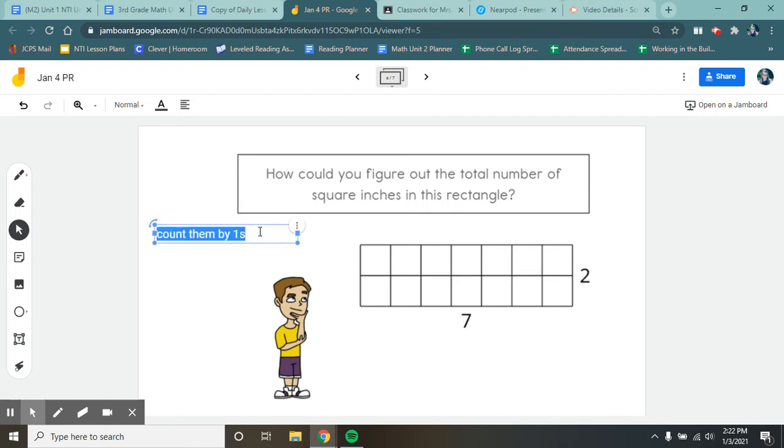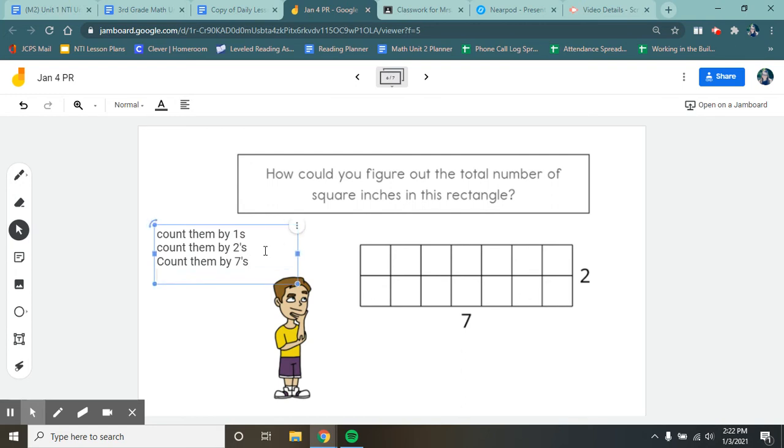The second thing that we could do is we could count them by twos. So we could count up and down 2, 4, 6, 8, 10, 12, 14. All right. You could also count them by sevens if you're good at counting by 7. You could say 7, 14.